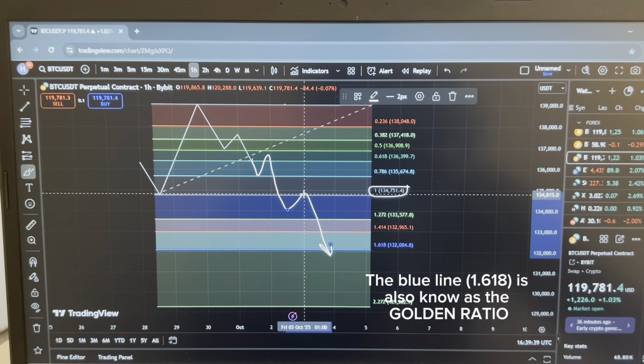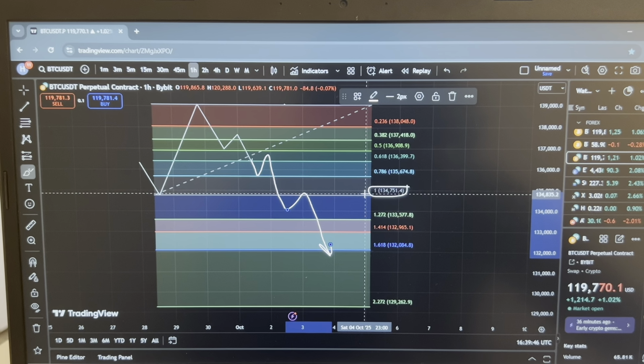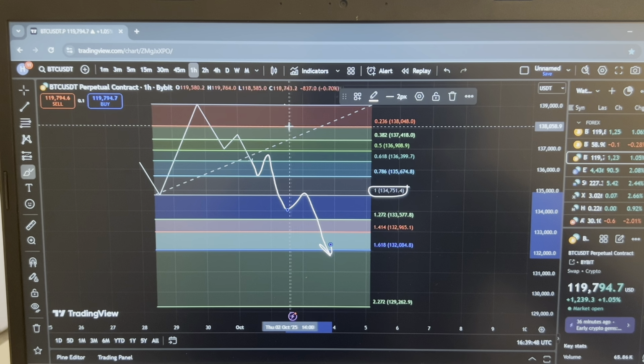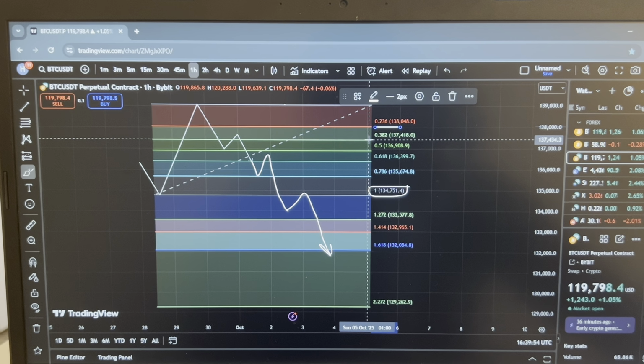If not, like I forgot to tell you guys earlier, let's say if it does not break the number one level, there is a chance that the market can actually reverse from one of these levels.